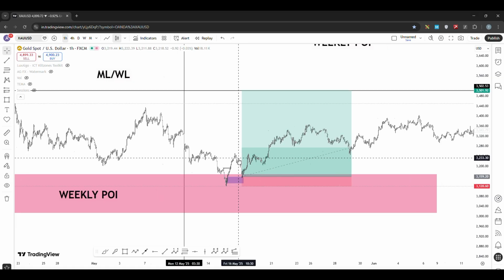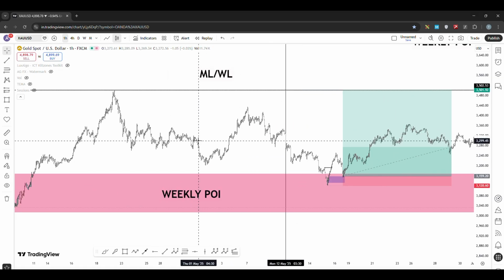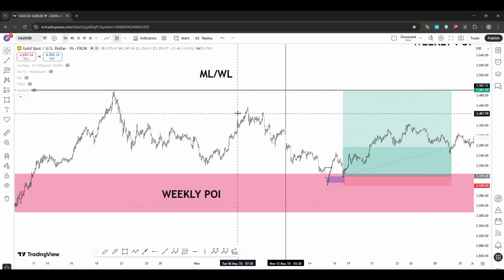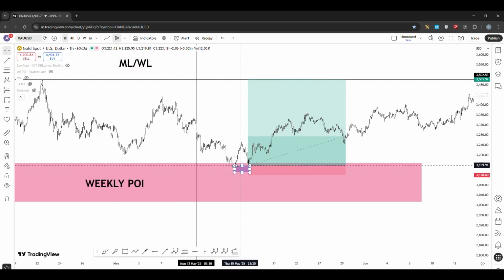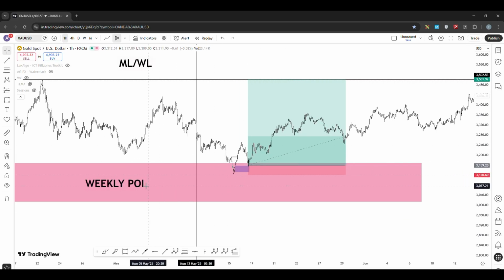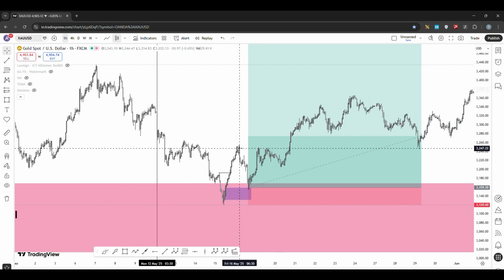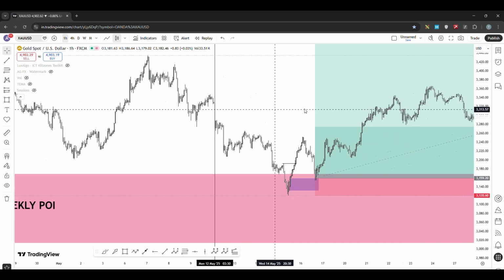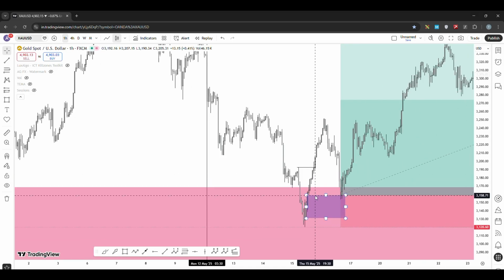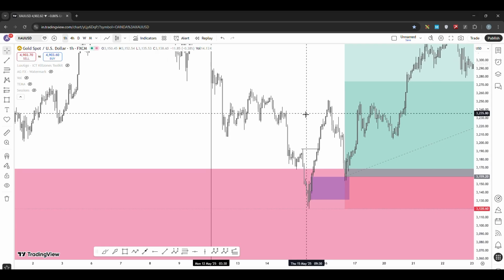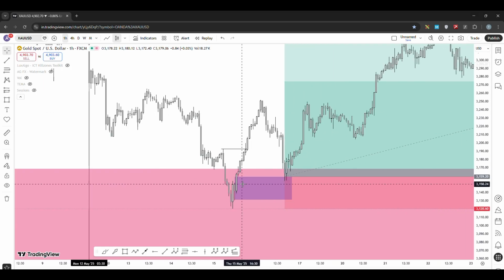If you go to the 4-hour or even in the 1-hour, you won't see any market structure shift that happened over here. But once market tapped the weekly order block, which was the weekly POI, market gave 1-hour structure shift along with displacement. Now we enter from the last POI that market has created, which is going to be this fair value gap plus order block.